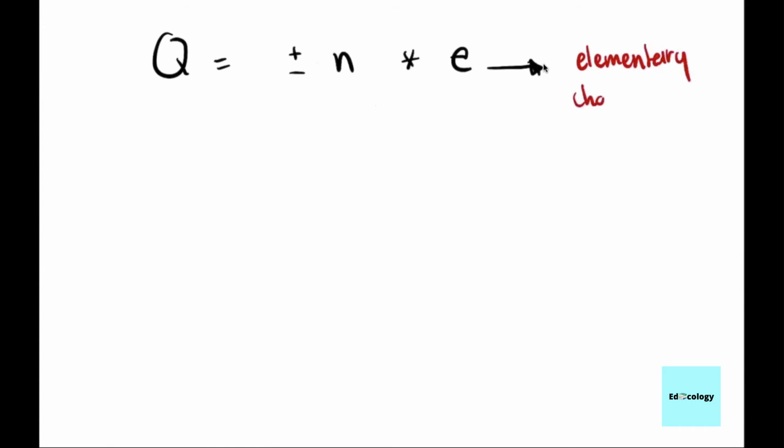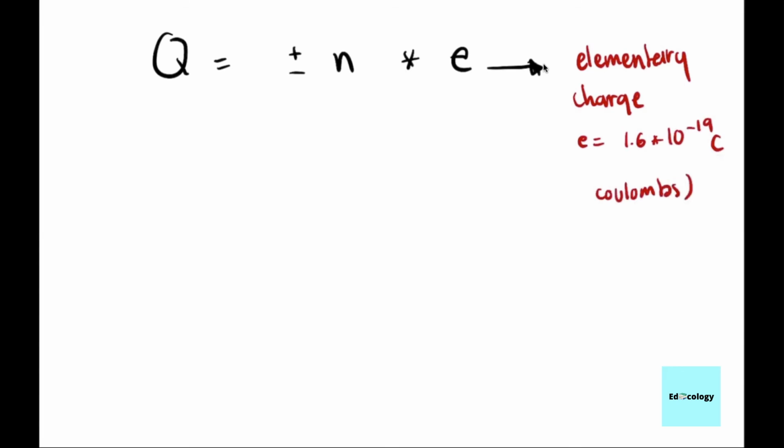Now, how do you calculate the charge of an object? We have this formula. Q is equal to positive or negative N times E. Now, what exactly is Q, what exactly is N, and what exactly is E? E is basically the elementary charge, which is equal to 1.6 times 10 to the power of negative 19 coulombs. Remember the unit of charge is coulombs.